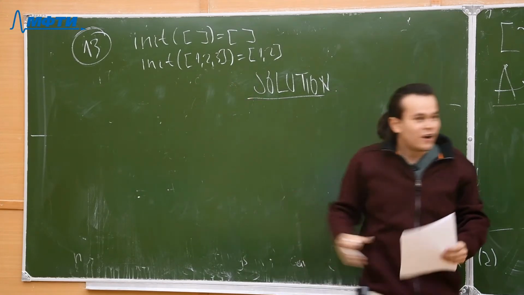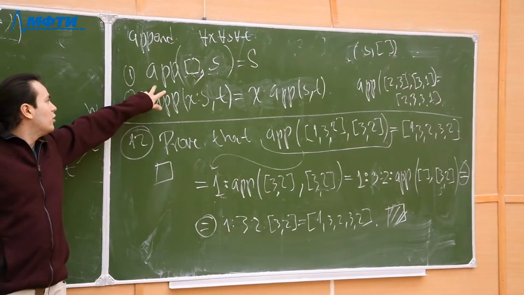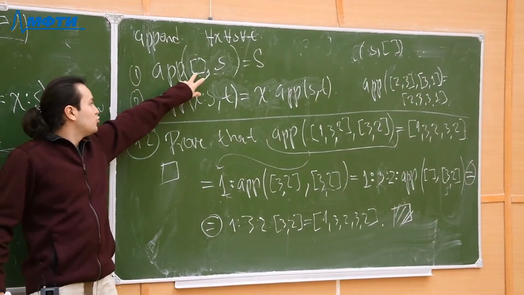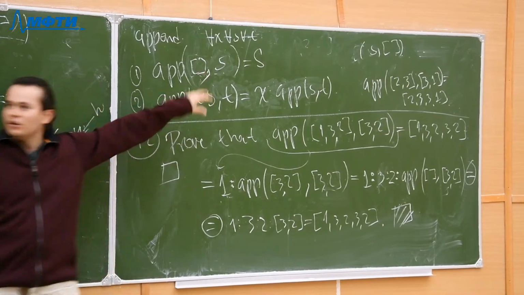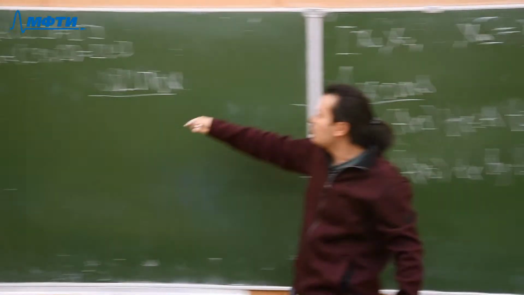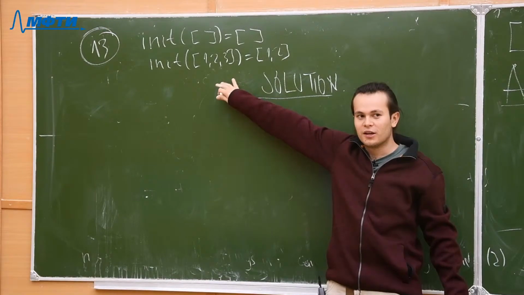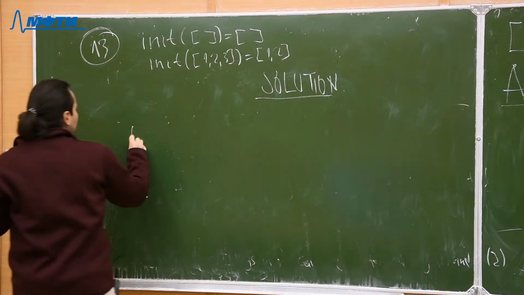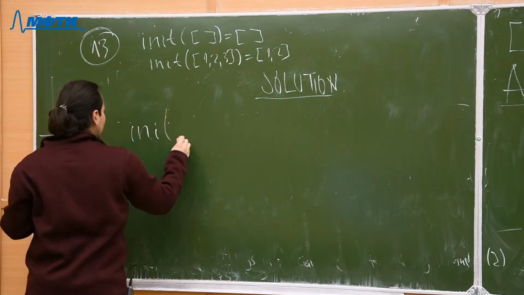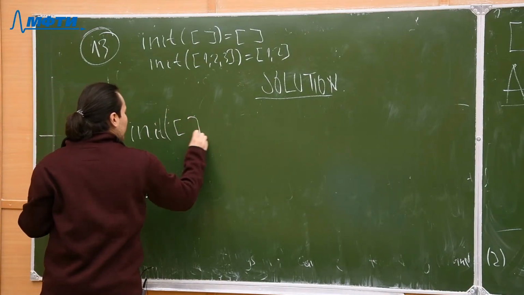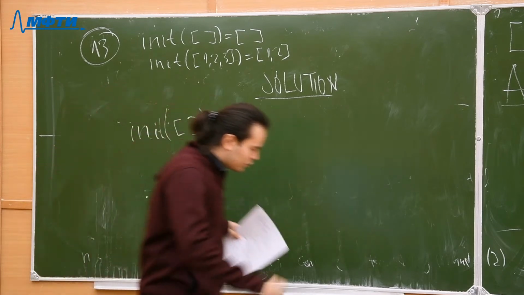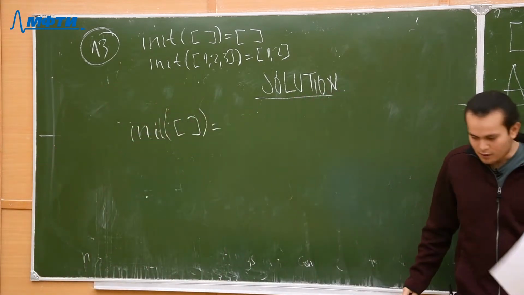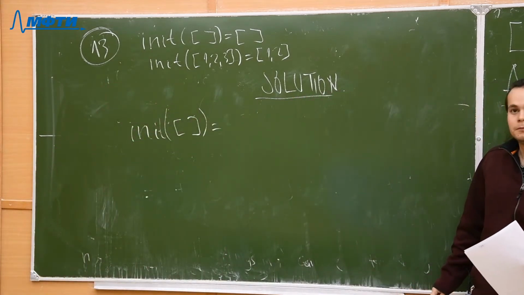So this function is defined over 2 strings, and this one just over 1 string. So the first thing we have to do is this: what happens when we apply this function to the empty string? What do we obtain?